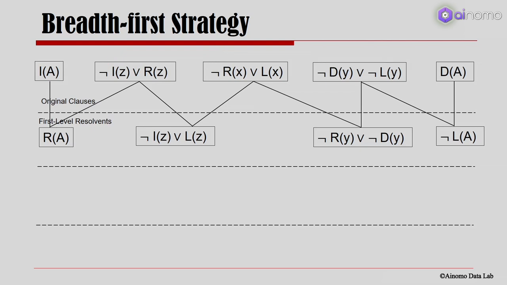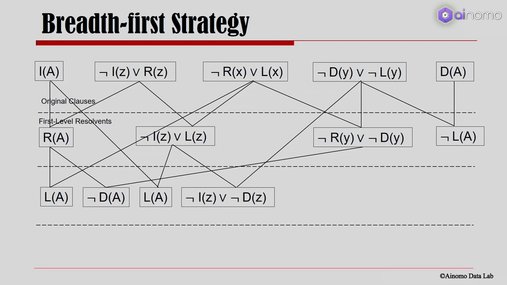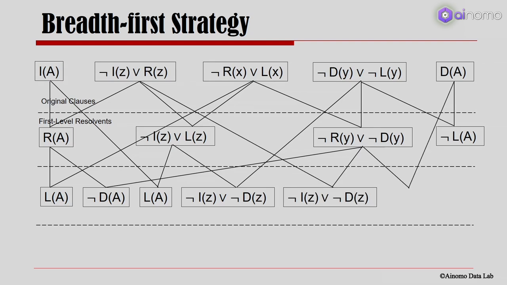Once I have generated the first level resolvents, I then try to resolve these with other clauses in the knowledge base and get my second level resolvents as marked here. So, one thing that needs to be noticed here is that for each of the resolutions that I am performing, at least one parent is from the first level resolvent set. So, these are my second level resolvents.